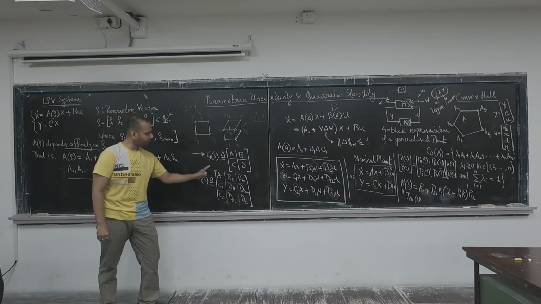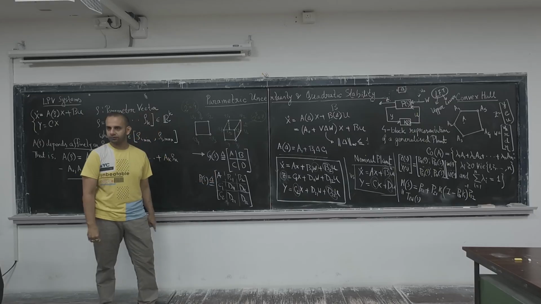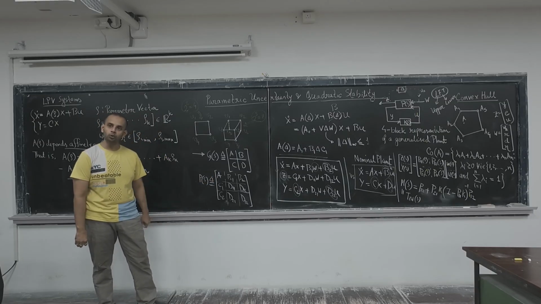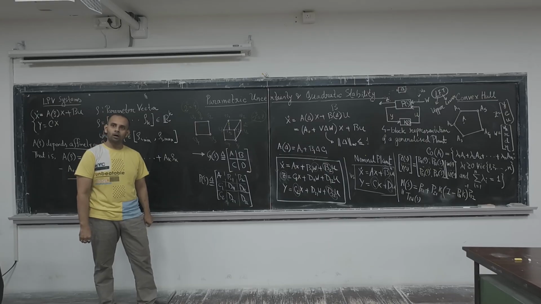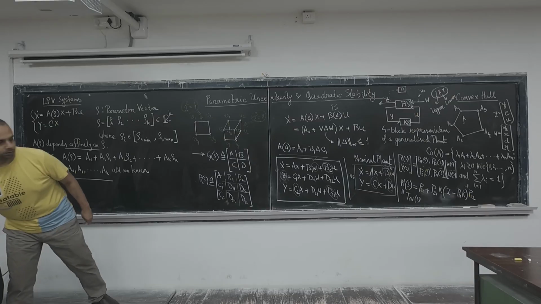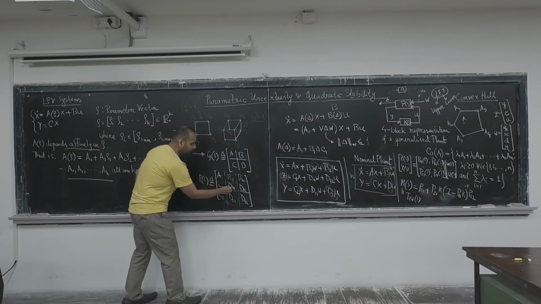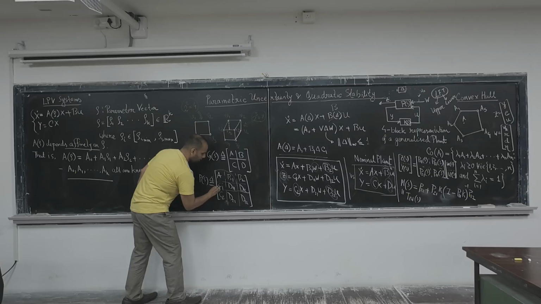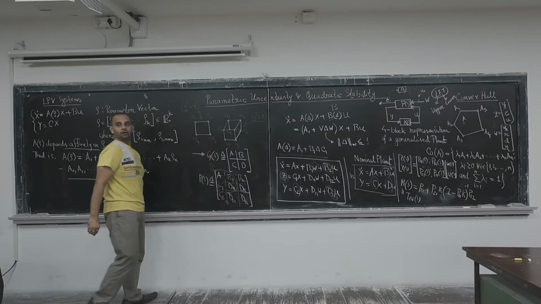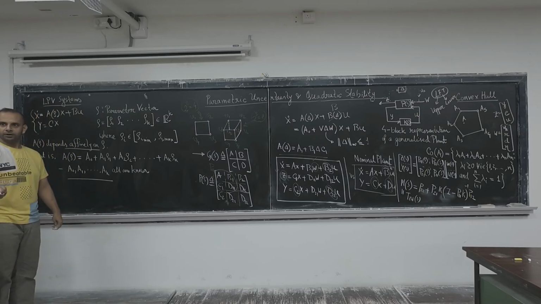Can anybody tell me how, using these state-space matrices, we can write the expression for P11, P12, P21, P22? First let us consider the left-side block, A, B1, C1, D11. This block is going to give you P11. That means P11(s) equals C1 into (sI minus A) whole inverse into B1 plus D11.